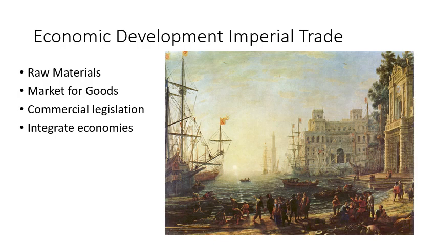And on top of that, they're going to be a source of a healthy market to buy English manufactured goods. And so we're going to see that they're going to knit the colonies into the British Empire more so through commercial legislation than anything else.